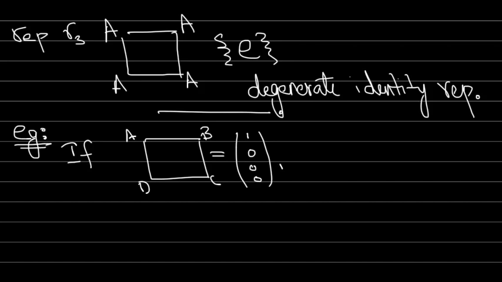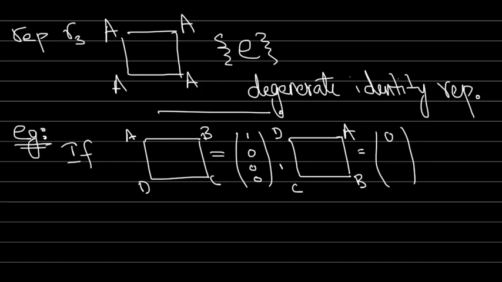Now say I rotate this, right, in such a way that I have A over here, B, C, D, right? And say that I give a column matrix as 0, 1, 0, 0, right?